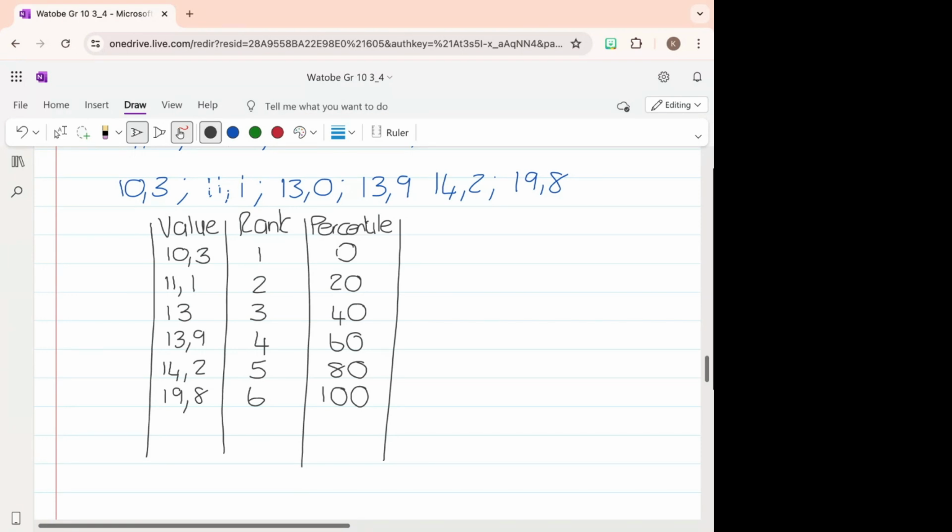If I'm looking at 6 numbers in a data set, that last number is covering 100% of the data. The 5th number is covering 80% of the data. The 4th number is covering 60%. The 3rd number is covering 40%. The 2nd number is covering 20%. That first number is covering nothing, because I haven't started any of the data yet. Make sense?